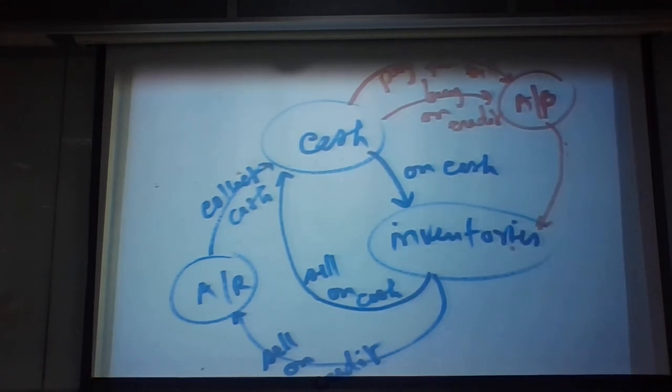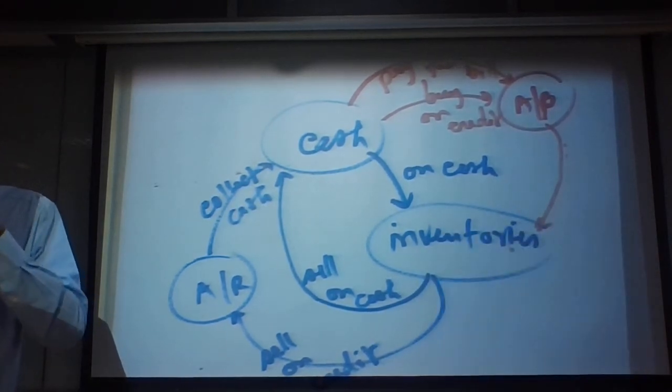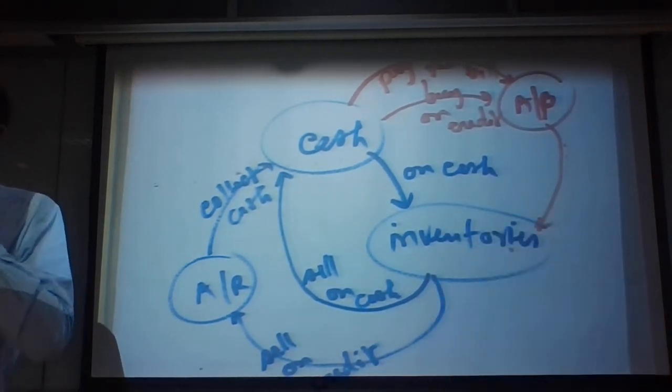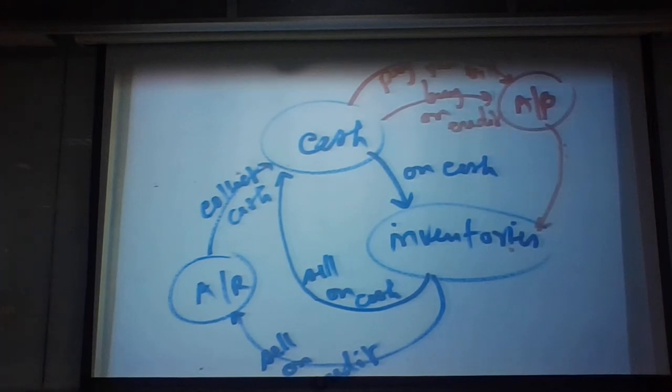To be more specific, you need to define how short is short, how long is long. For example, if inventories have a 3-month maturity, then finance inventories by sources of funds with 3-month maturities. Or a machine, right? A machine has a 10-year maturity. Then finance this machine by a 10-year source of funds.